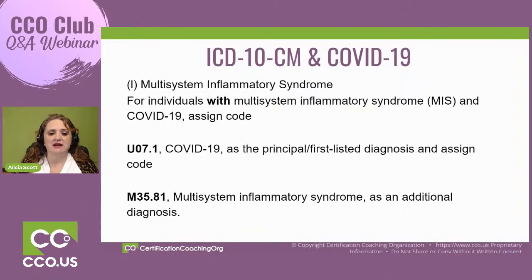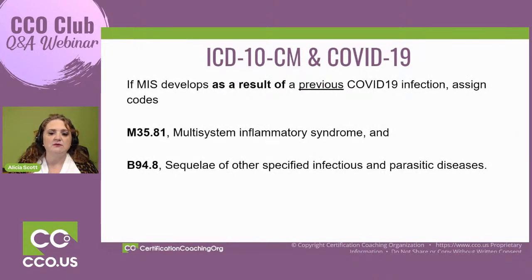So if we have MIS and they have COVID, you're going to code the U07.1 because that's the current, right? And then they have MIS, so that's the M35.81. Now, that's if it's current. But what if they're not current? What if they develop the MIS after COVID? Let's look at that.